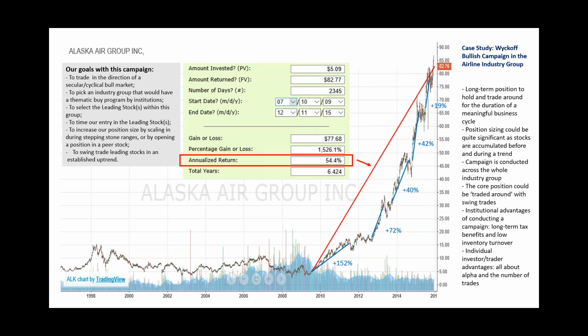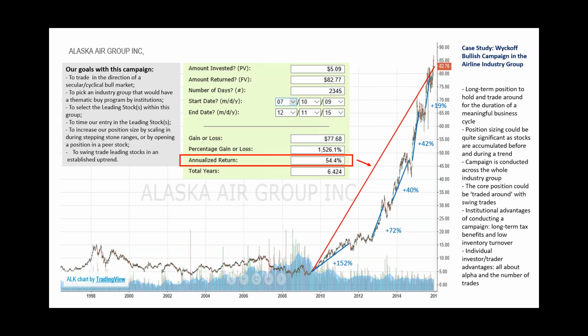I don't necessarily mean small boutique hedge funds that have, let's say, between $5 million and $50 million. I'm talking about huge institutions that have huge financial resources, something like insurance companies, pension funds, huge mutual funds, huge hedge funds.